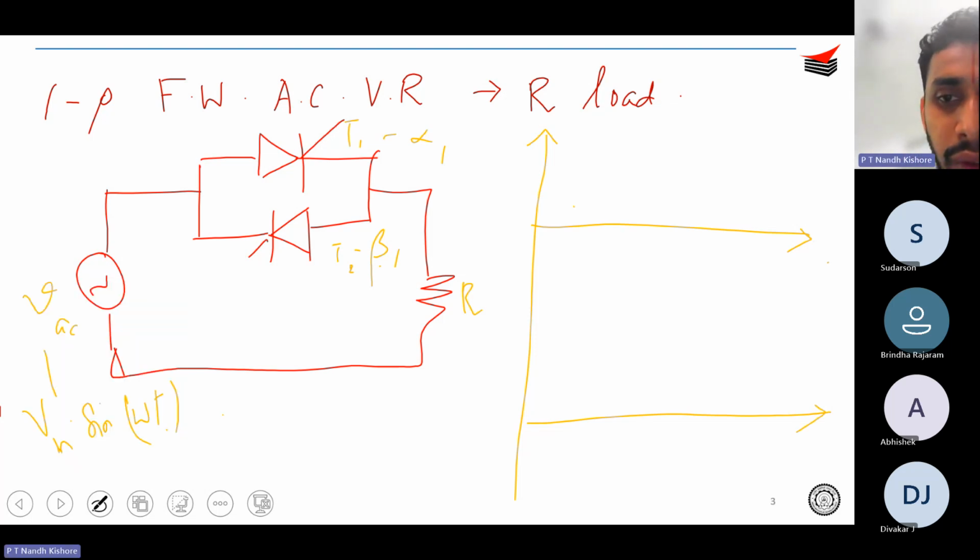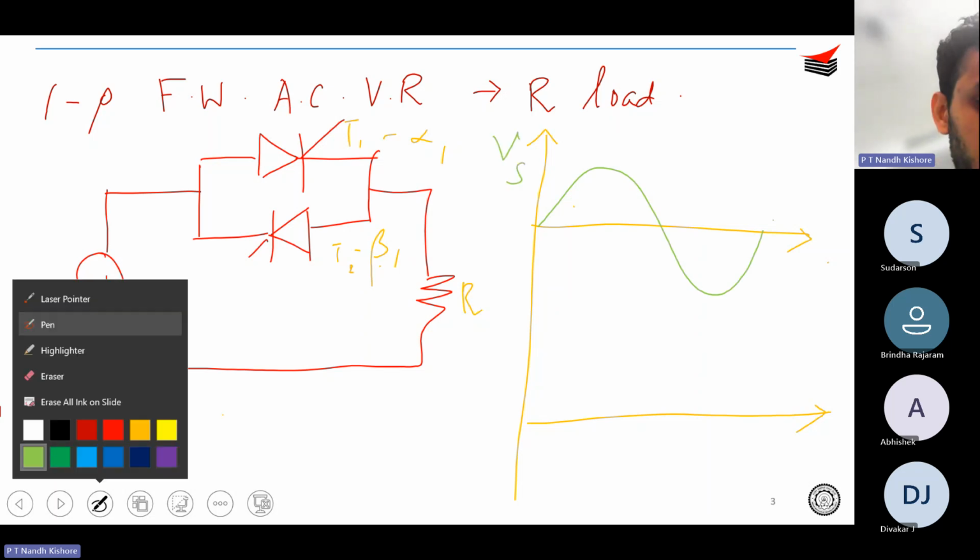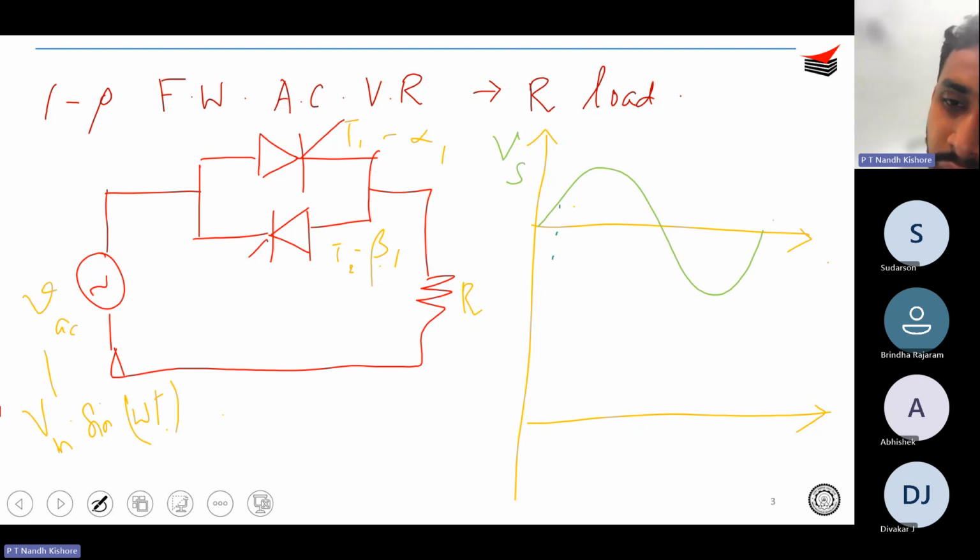So you have your input voltage, which is one cycle of your input voltage. Then what to expect to see in the output is something like this.